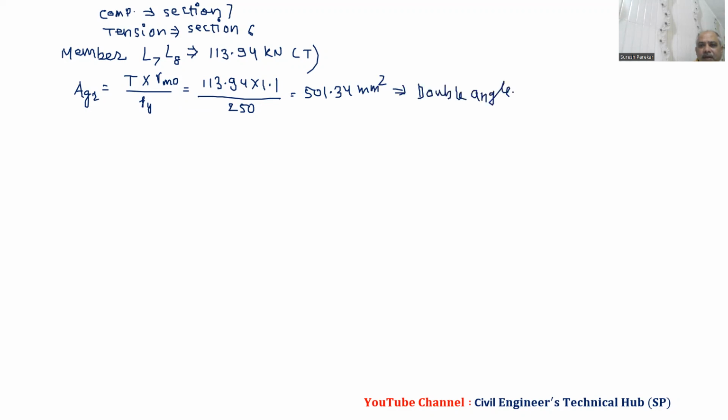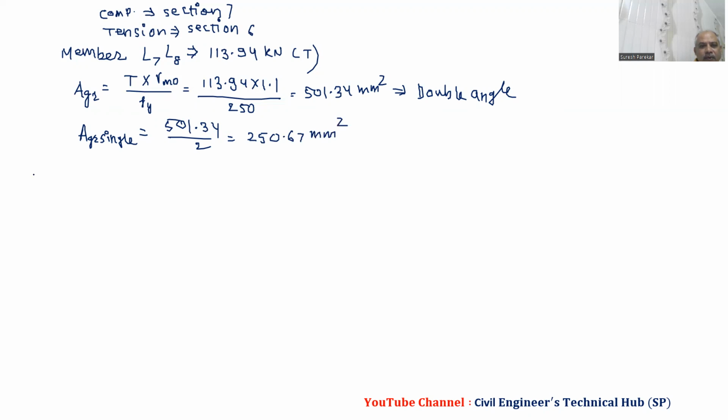This is again double angle section, and therefore AG required for single is equal to 501.34 upon 2, which is 250.67.